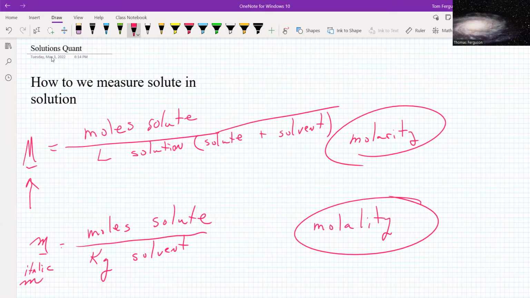We're not going to be using this in this class. When you go to 1A, you'll use it a lot. In this class we're focused on molarity, not molality.